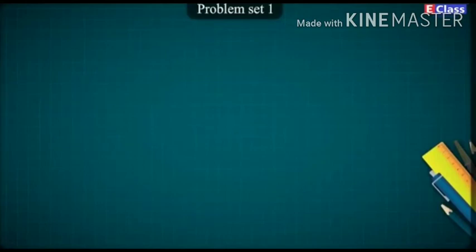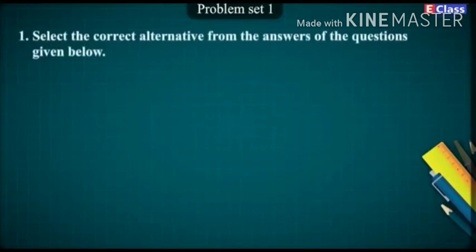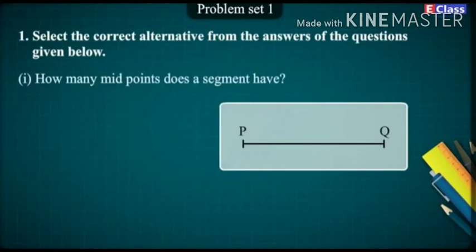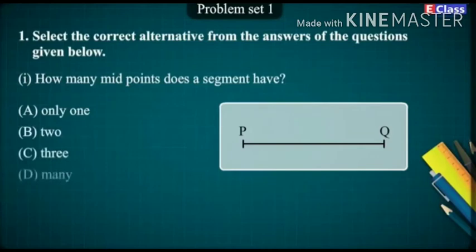1. Select the correct alternative from the answers of the questions given below. 1. How many midpoints does a segment have? A. Only 1. B. 2. C. 3. D. Many.